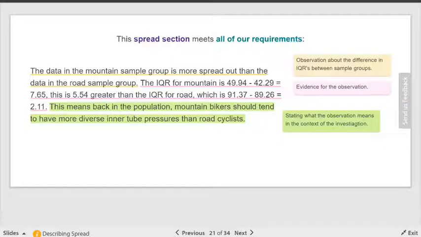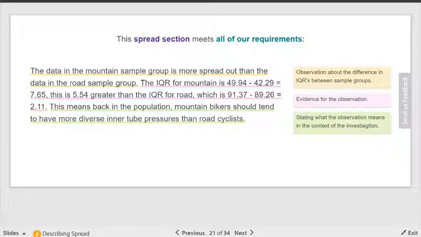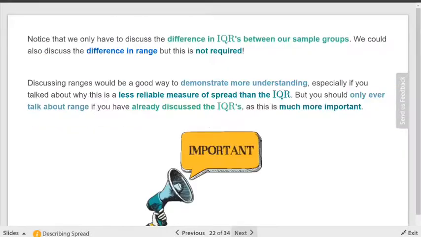And you can either refer back to the population or you can put in this sample. Right? But of course, our whole point is using the sample to infer something about the population. Okay? And they give you this little important thing. IQR is more important than range, so do not use range, use IQR. Okay?